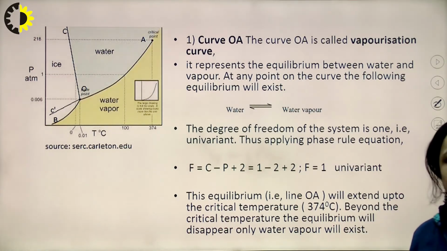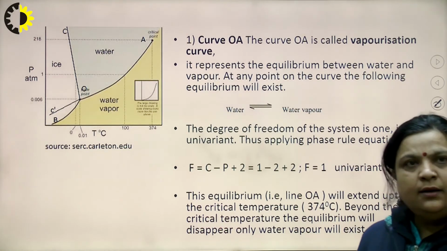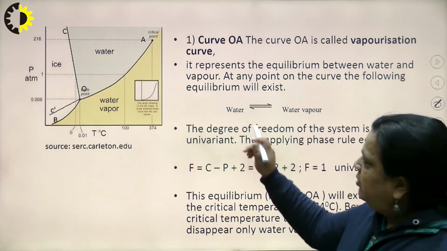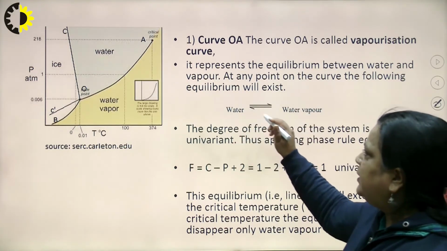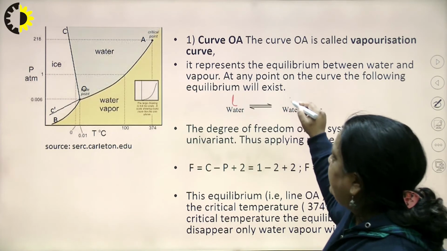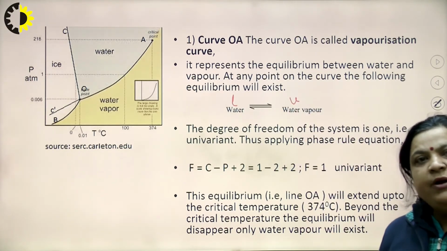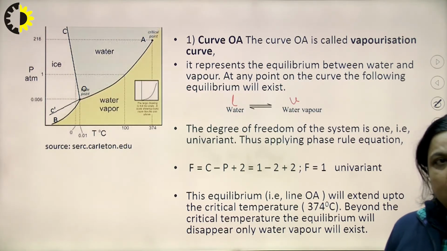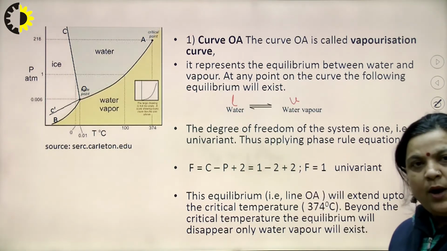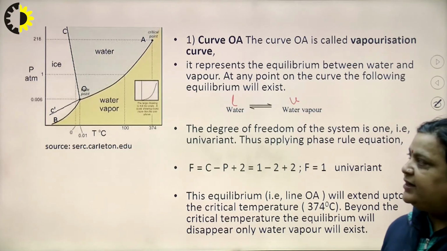It represents the equilibrium between water and water vapor, or liquid to vapor, and this is called the vaporization curve. Since the degree of freedom is 1, it is called a univariant system.